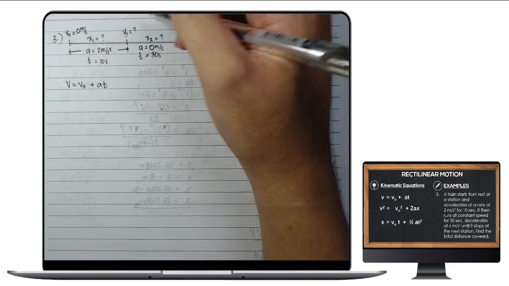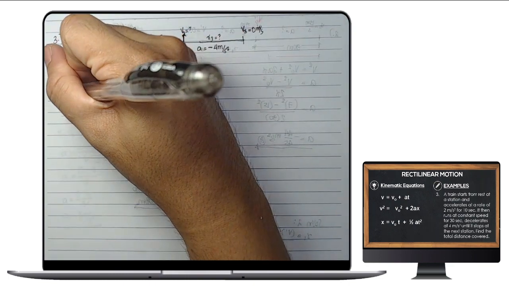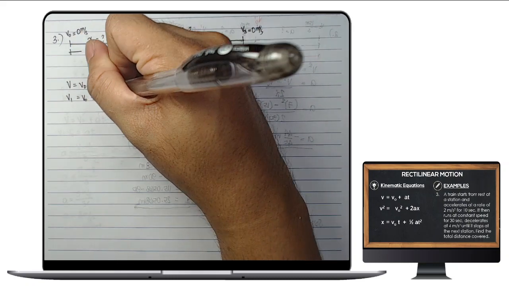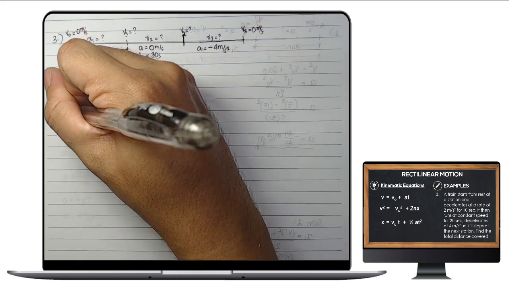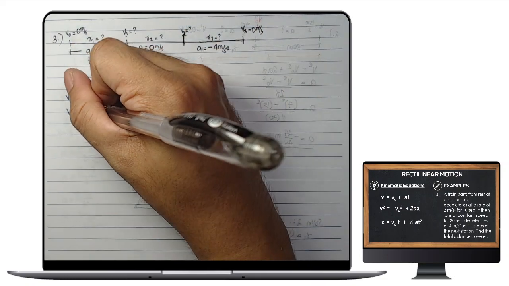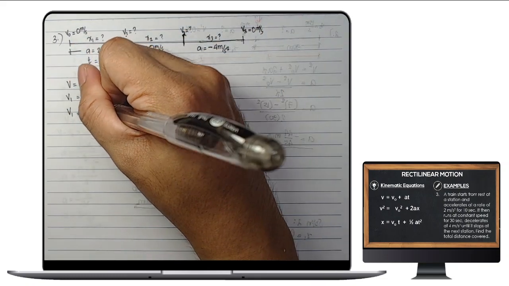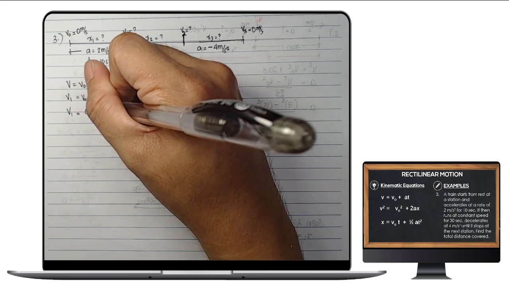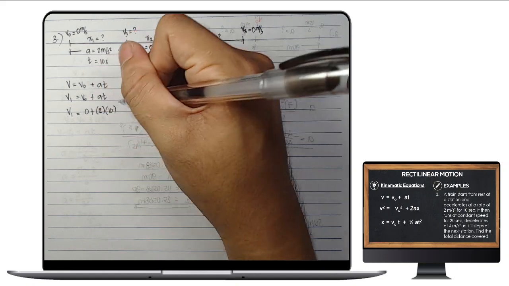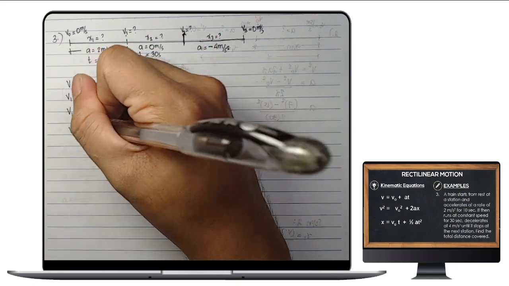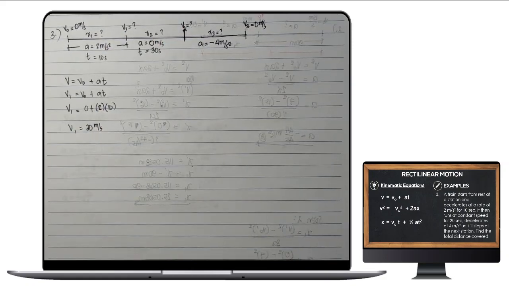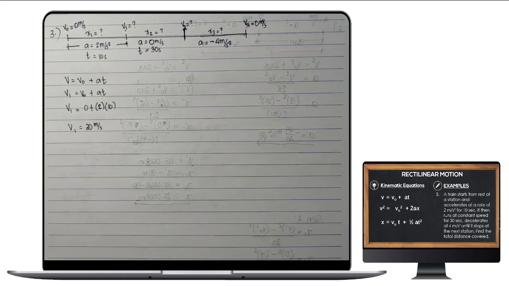In this case, that is v1. So v1 is equal to vo plus at. So vo natin is 0 plus acceleration natin is 2 meters per second squared times 10. Therefore, v sub 1 natin is simply 20 meters per second. So that is our first velocity.